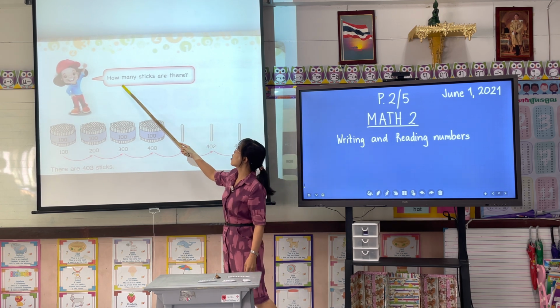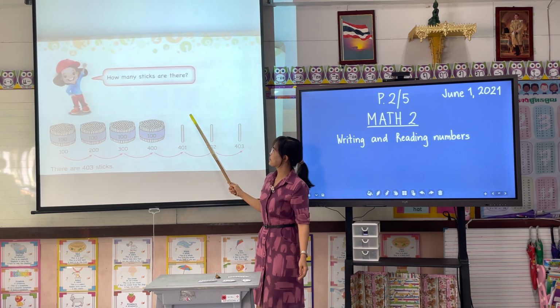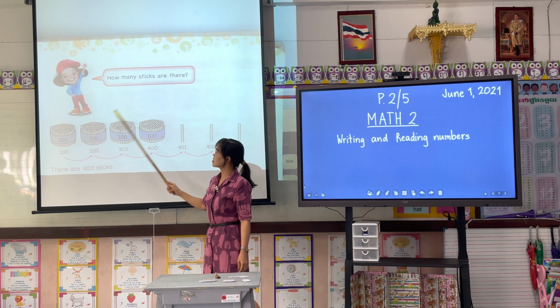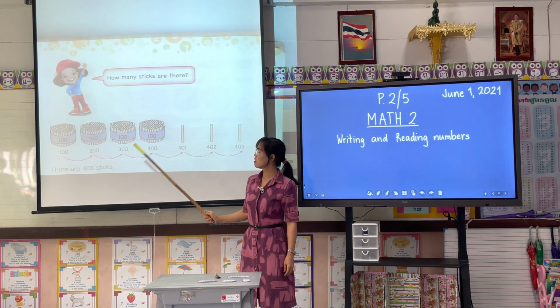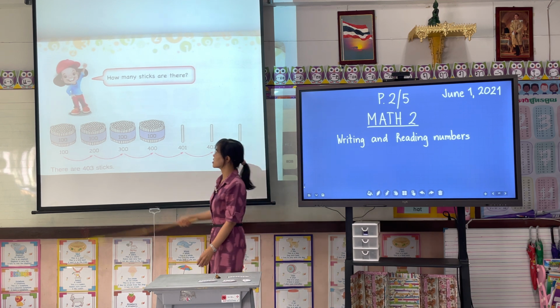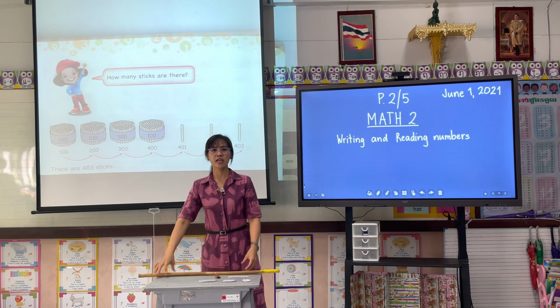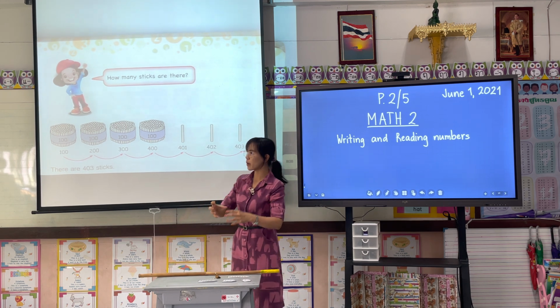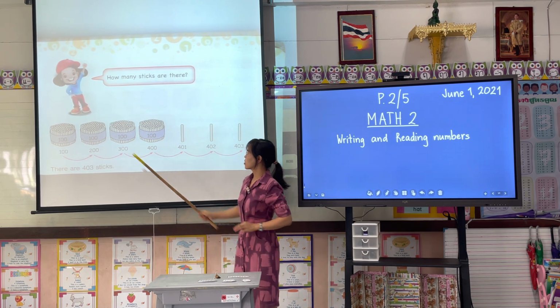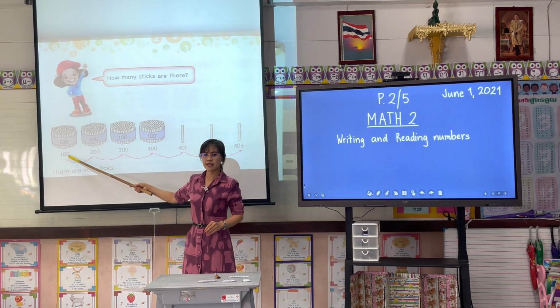Okay, how many sticks are there? Can you tell me how many sticks are there in the picture? Okay, so here, don't worry, we're not going to count the sticks one by one, alright? Because they are already in bundle or by group, okay? So these sticks are grouped by hundreds, alright?